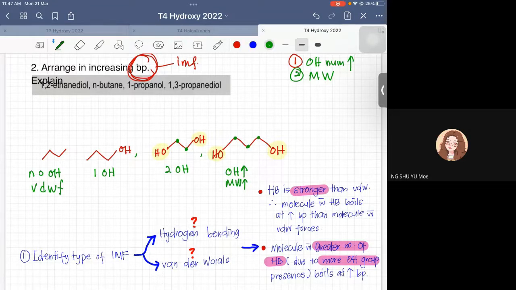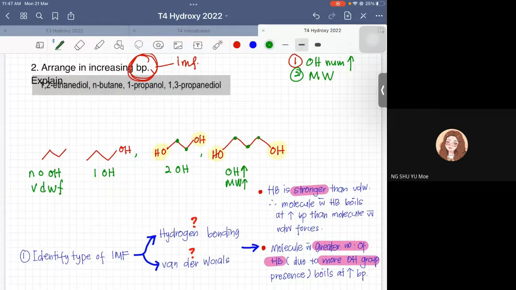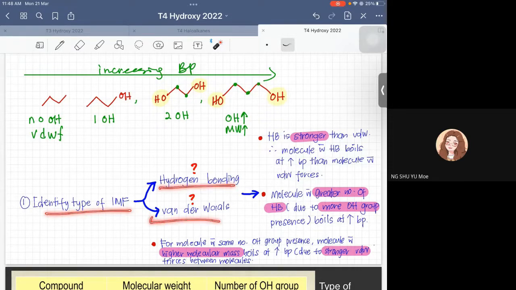You boleh bagi tahu satu-satu lah macam ni. Ni 1 point. Ni 1 point. Ni 1 point. Okay, susun increasing boiling point. Okay, tengok. Kita nak identify type of intermolecular forces. Ada hydrogen bond ke tak ada hydrogen bond?